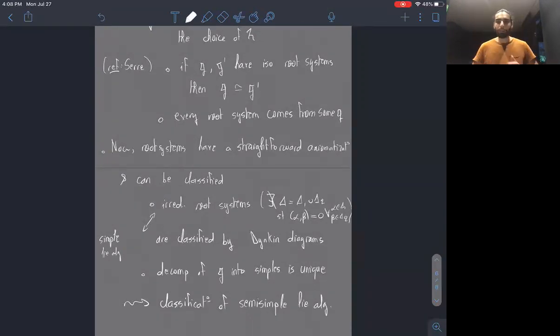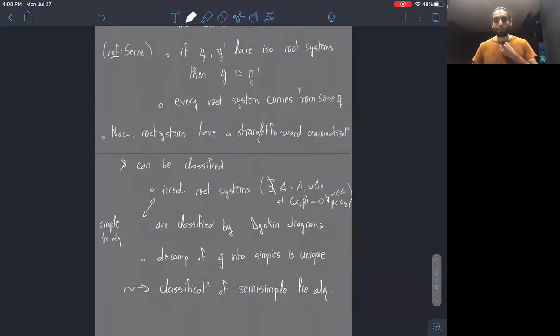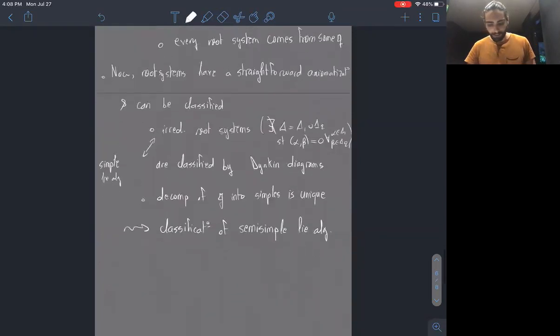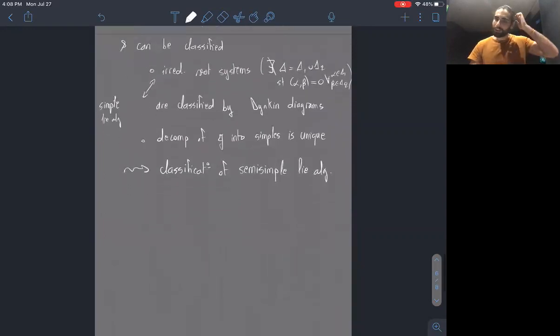So with rather minimal combinatorial data coming from just a single representation of G that comes for free, we can obtain a classification of semi-simple Lie algebras. And later we'll develop the analog for algebraic groups. But before we do that, I'd like to say a few more things about the root theory in this setting that will be useful moving forward.